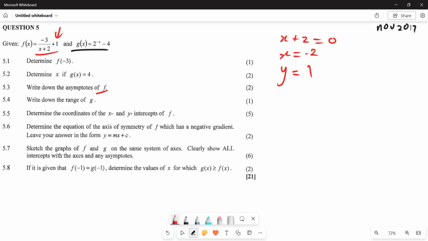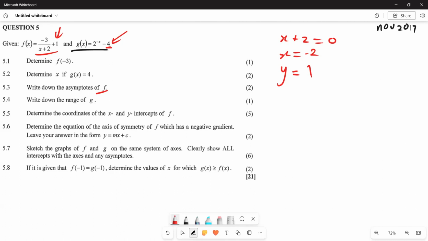So that is going to be your asymptote for the graph of f. And then they want us to write down the range of g. To write the range of g, remember this 4 here represents your asymptote, which means your graph is not going to cross this border. Since this is 2 to the power of -x, your graph is going to continue from -4 up until positive infinity.